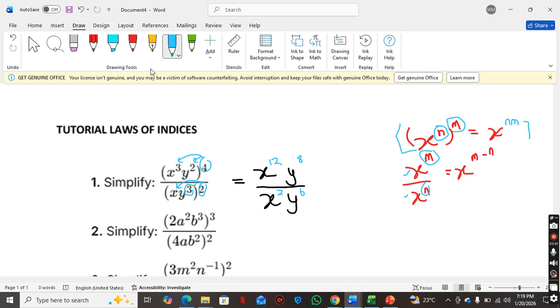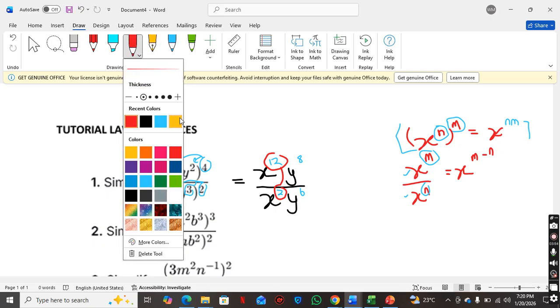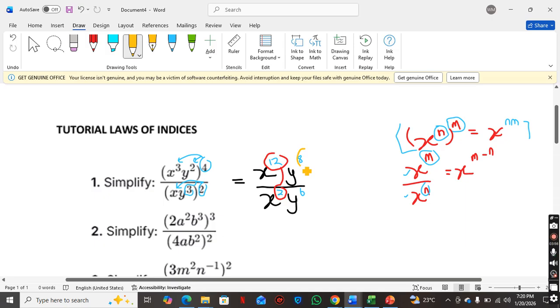So it's the same thing here. For x, we're going to subtract 12 minus 2, and for y, we're going to subtract 8 minus 6.